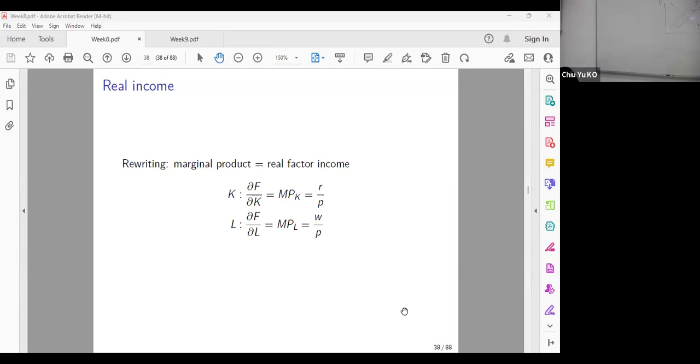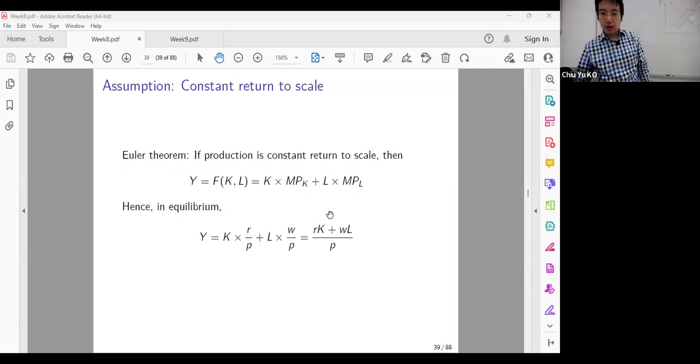So why do we have this equation? Why do we care about this? If you don't care about the math, this equation is the thing we need to know. It's what we call Euler's theorem. It's a math result.